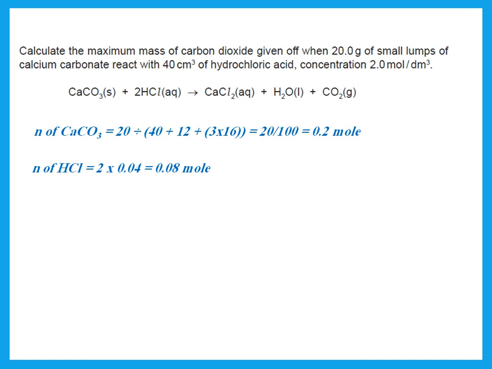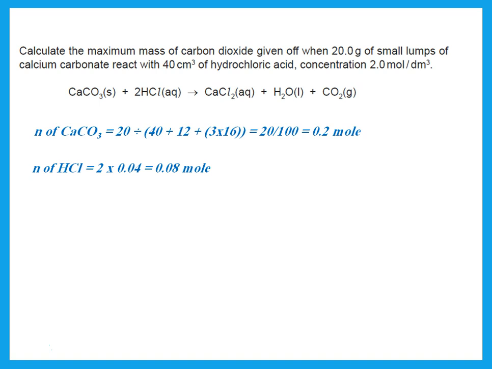Then I look at the equation. What does the equation tell me? It says that if the number of moles of calcium carbonate is 1, the number of moles of HCl should be 2. That means number of moles of HCl should be twice calcium carbonate. Okay, so number of moles of calcium carbonate is 0.2.